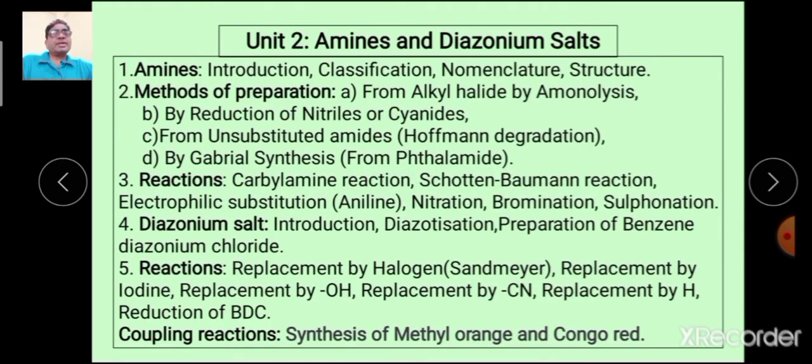Now the second part is diazonium salts. We are going to see in detail what are diazonium salts, what is benzene diazonium chloride, the reactions of benzene diazonium chloride, and finally synthesis of methyl orange and Congo red dye.